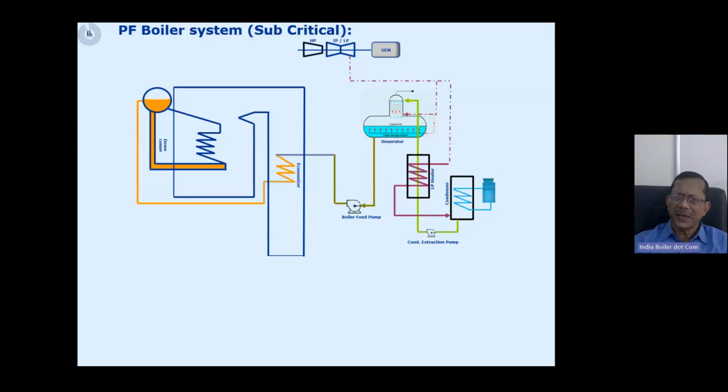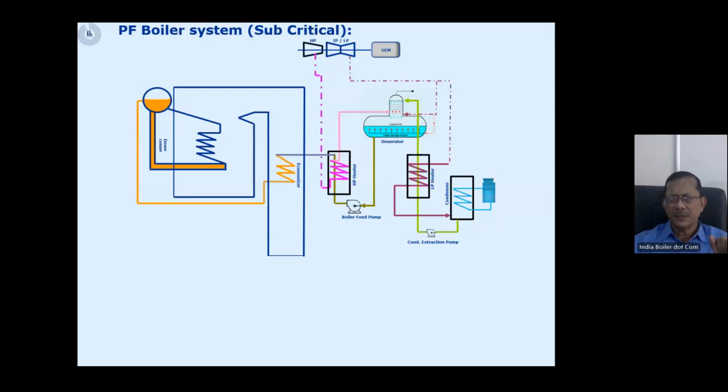So we require another heater before the economizer, and that is the HP heater, where steam is taken, similar to the LP heater, to heat the feed water to around 240 to 250 degrees centigrade before it goes to the economizer. Then it gets heated from 240, 250 to 310, 320 degrees and enters the evaporator.